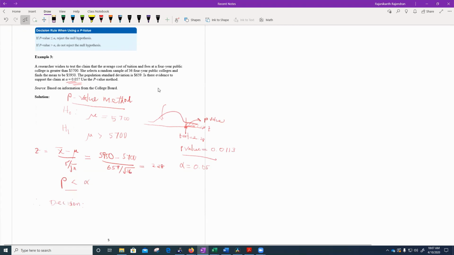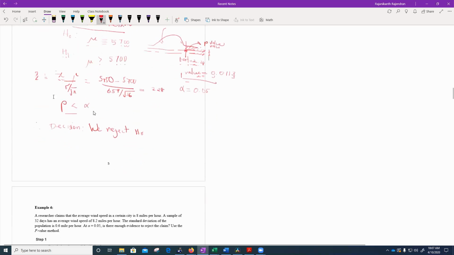When p-value is smaller than alpha, we reject, right? So we reject. Therefore, write down your summary. So my summary is what?